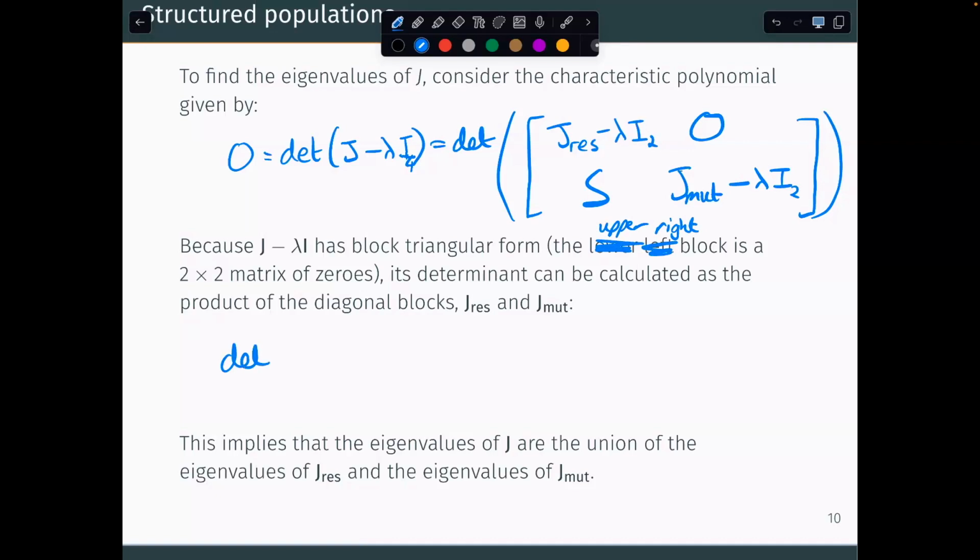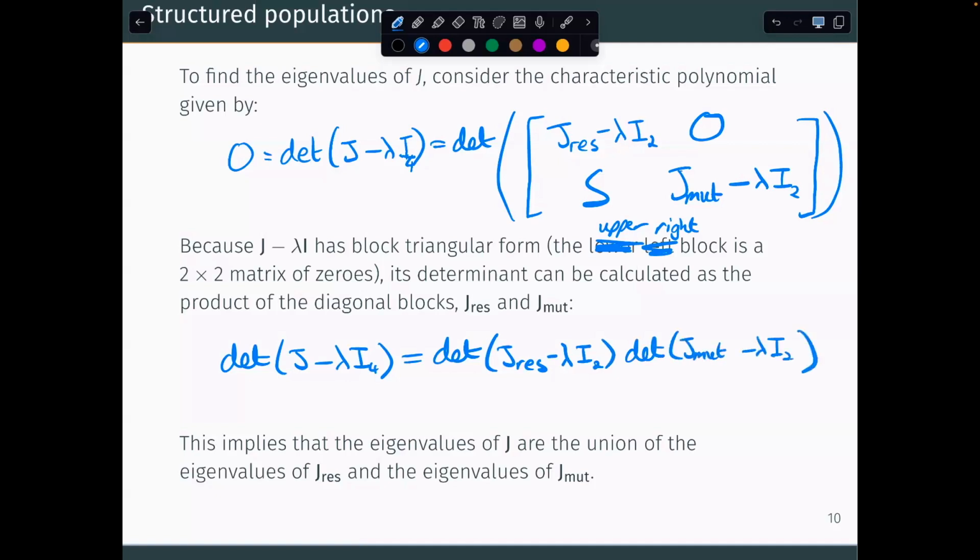So the determinant of J minus lambda I is just going to be the determinant of J res minus lambda I times the determinant of J mut minus lambda I.